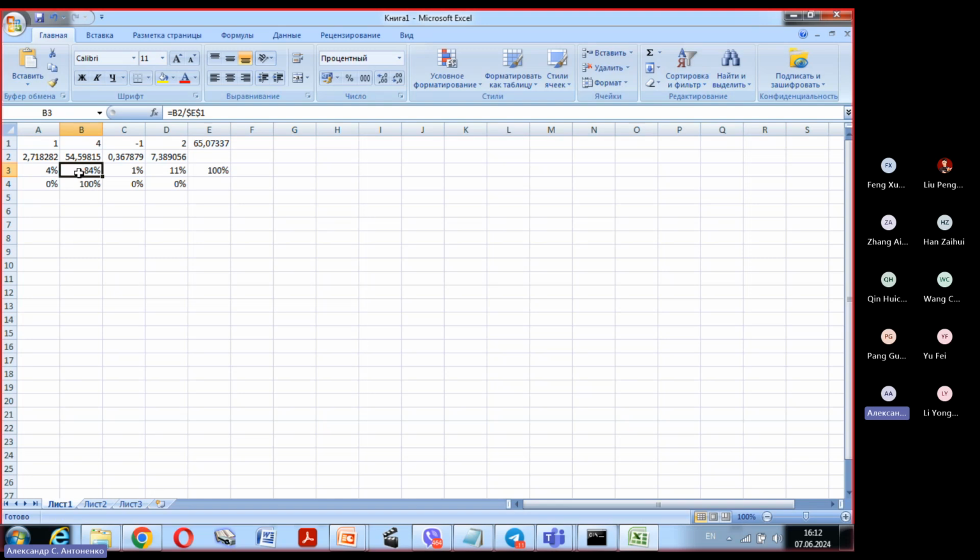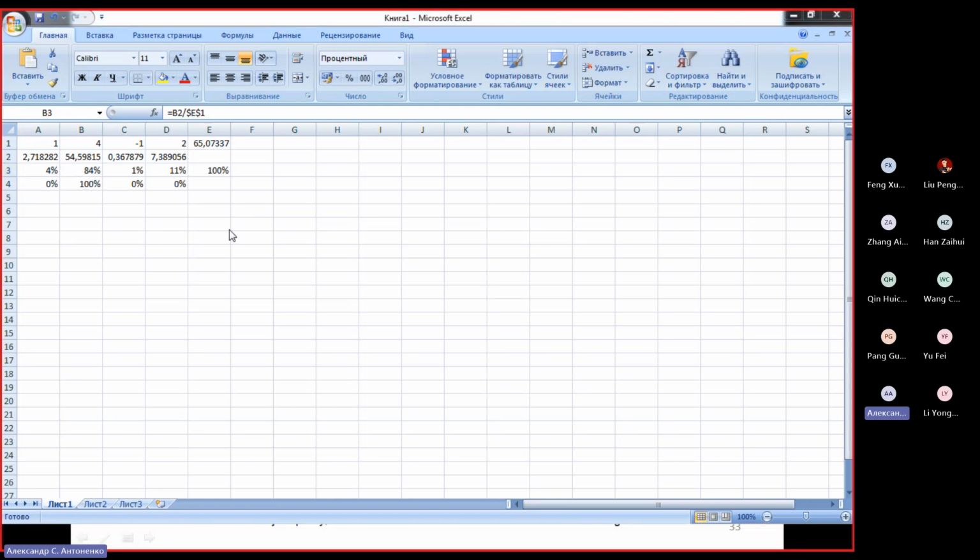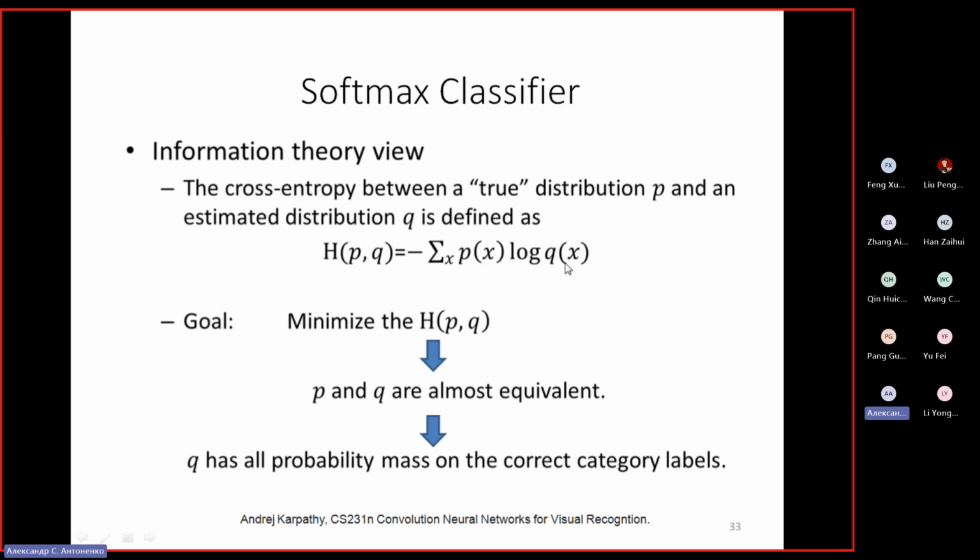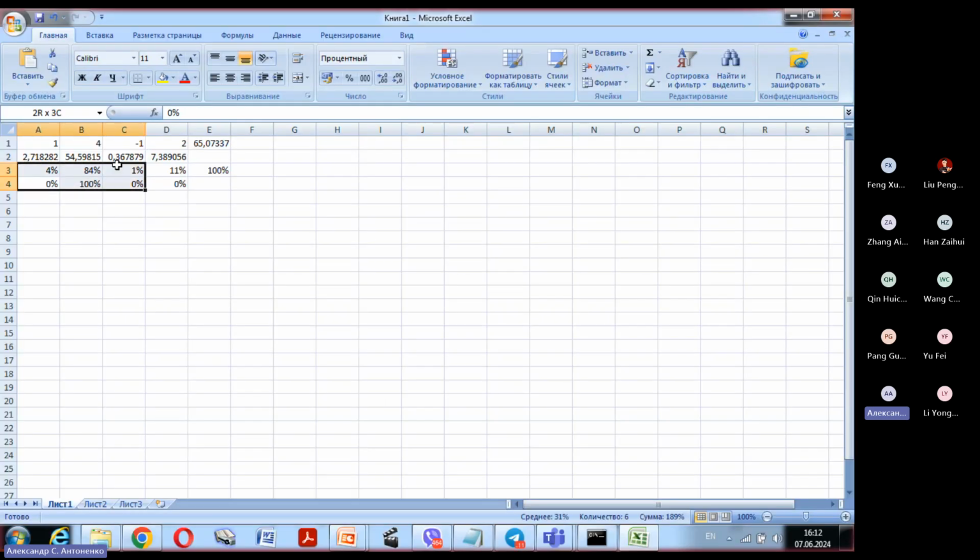This is maximal, so we guess this as category B. But to use cross entropy loss, so not only that we guess, but how confident we guess it, we need to find this cross entropy. And we should minimize this cross entropy. So our distribution should look like this. It's quite close. It's good.